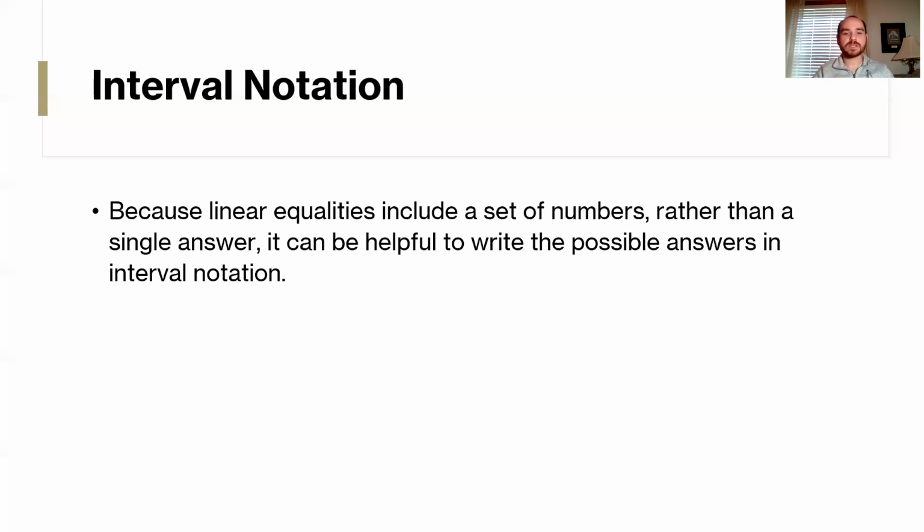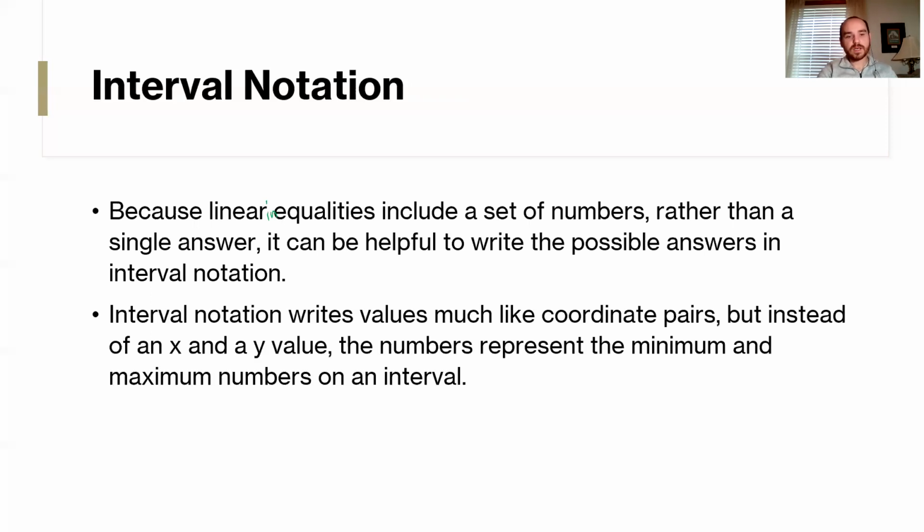So with linear inequalities, rather than with equations, where you usually get one answer, right? x equals 4 or x equals 2 or x equals -7, whatever. You get one answer. Because linear inequalities include a set of numbers rather than a single answer, it can be helpful to write the possible answers in interval notation. Interval notation writes values much like coordinate pairs.